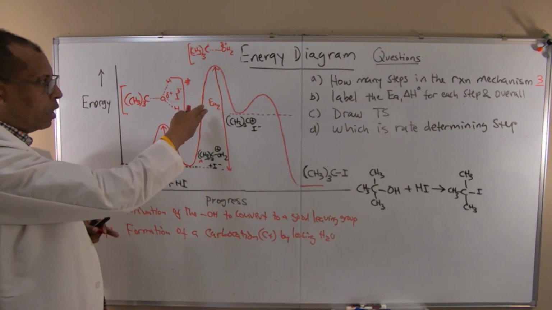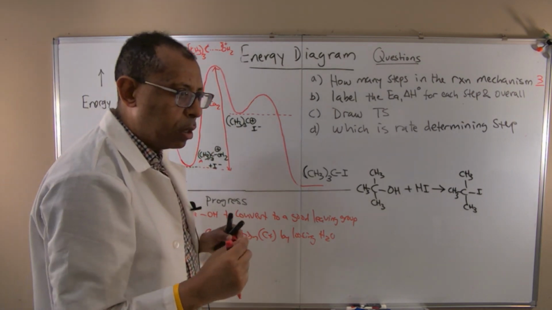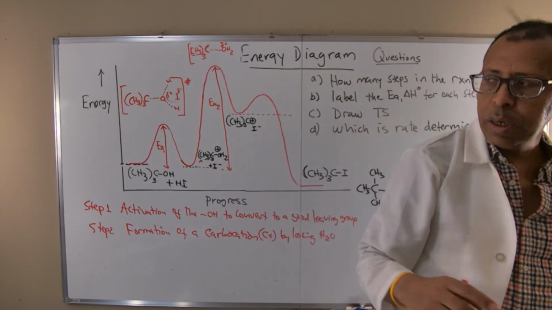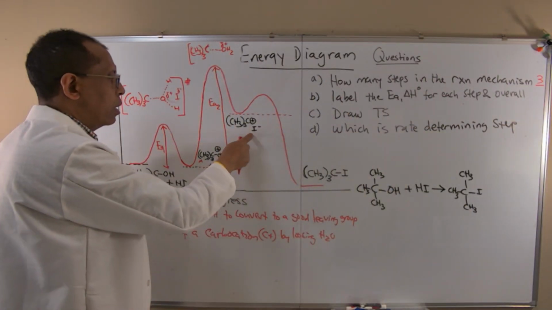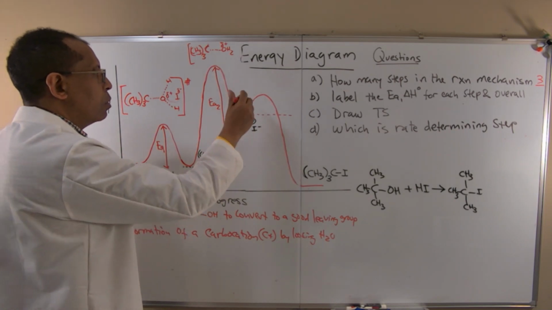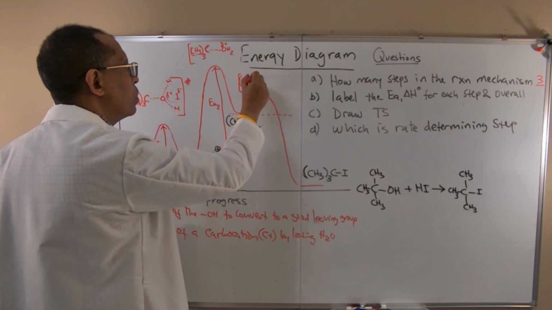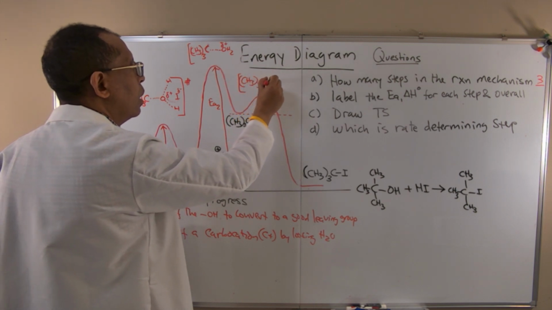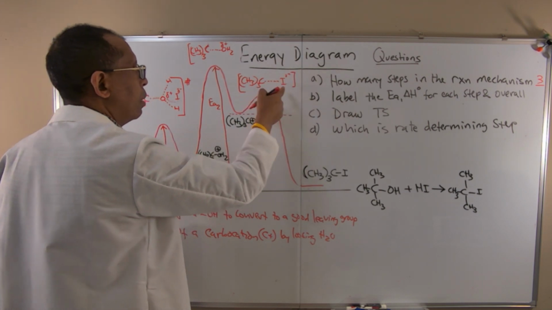So once we have the activation energy 2, the carbocation is ready now to get a nucleophile. So the nucleophile would attack this carbocation. What happens in the transition state is the (CH3)3C and the iodine are about to form a new bond.